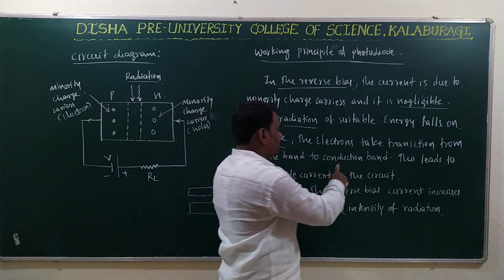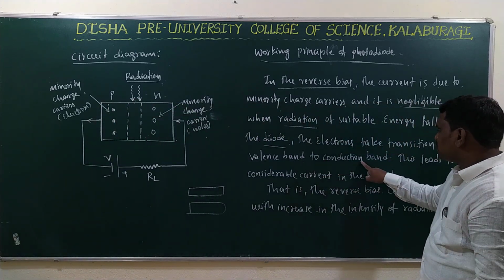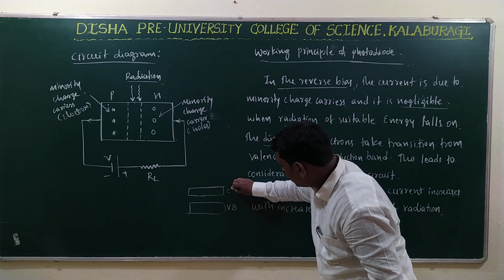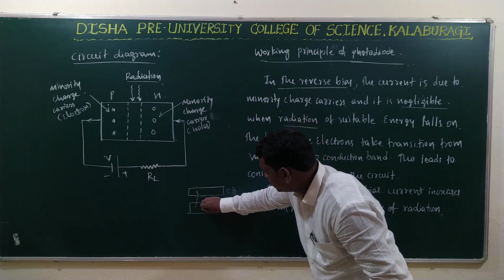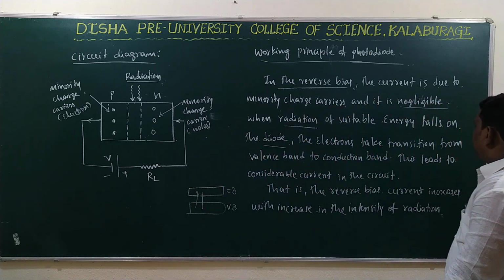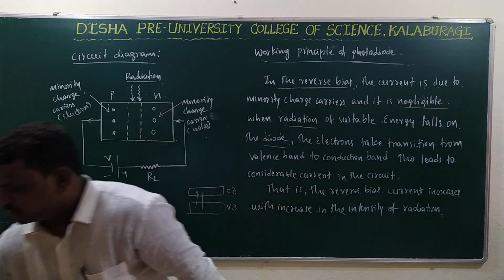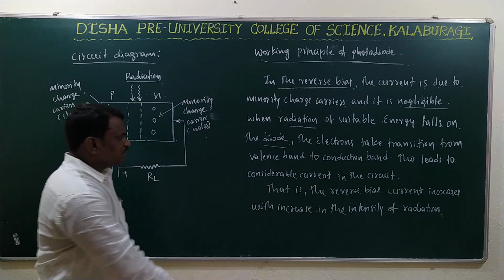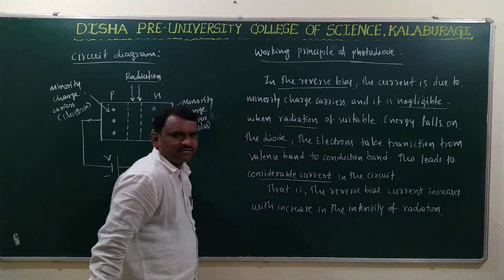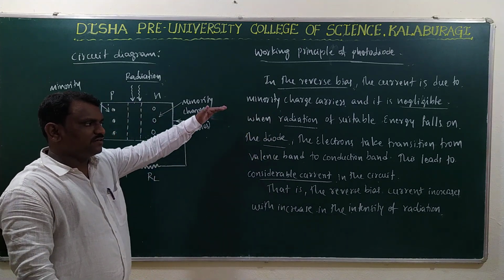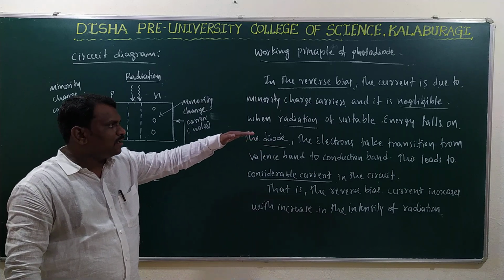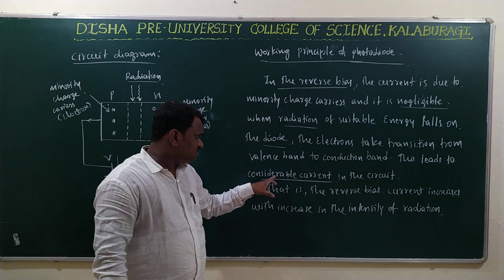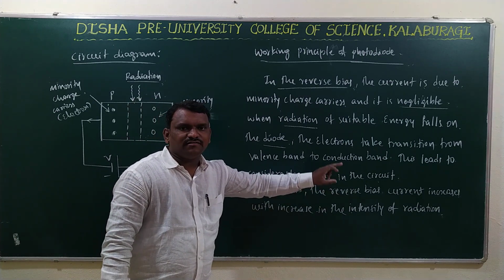Here is the valence band, here is the conduction band. The electron jumps, or takes the transition, from the valence band to the conduction band. Okay, next this transition leads to considerable current in the circuit. When the electrons make the transition from valence band to conduction band due to the suitable energy radiation, this gives some considerable current in the circuit.